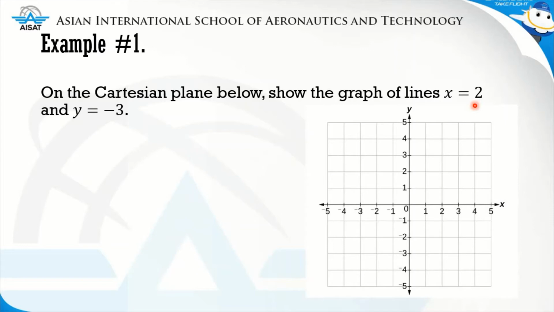So that is x = 2. Now for the other equation of the line, we have y = -3. And we know this line is a horizontal line. Since the value of k is negative, that means that the line is 3 units below the x-axis. So this is y = -3.